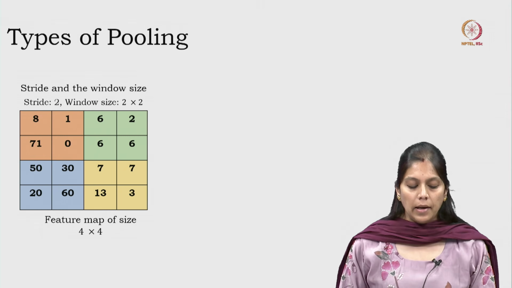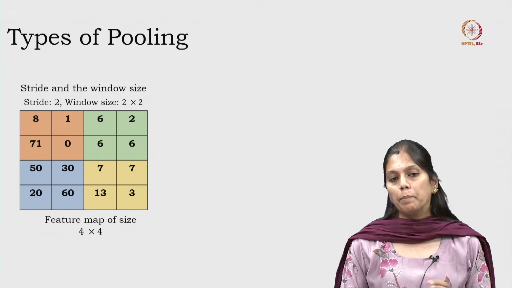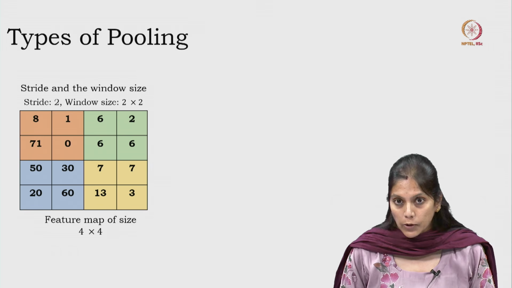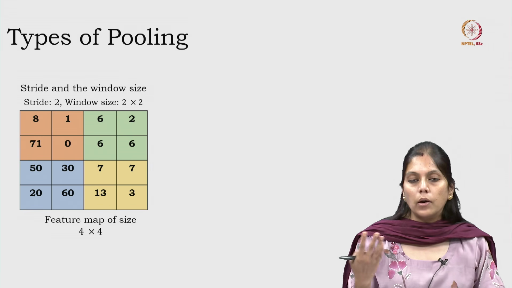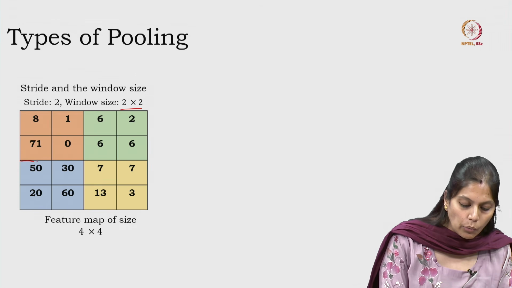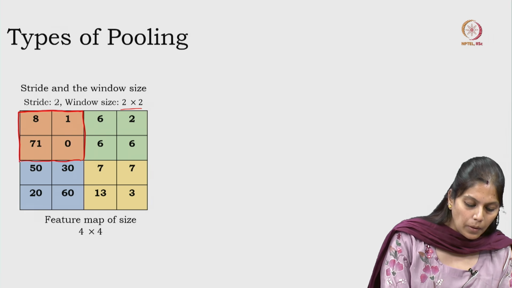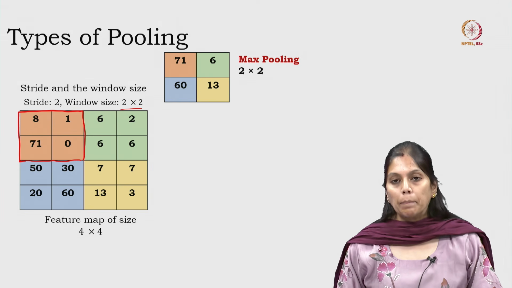For example, let us understand the types of pooling here. Let us take an example where the feature map size is 4 cross 4. Now, you have taken a window size as 2 cross 2, which means you will take this particular window. Now, when you take max pooling, what is max pooling?